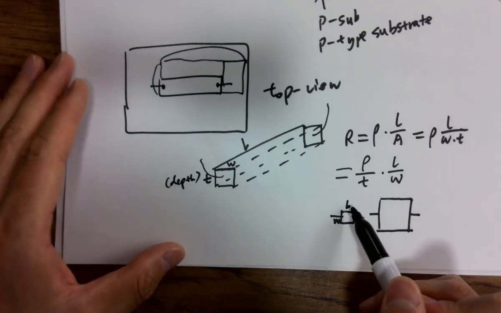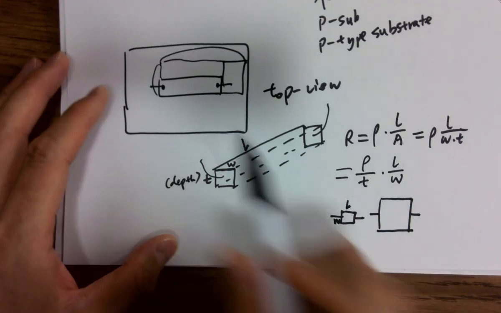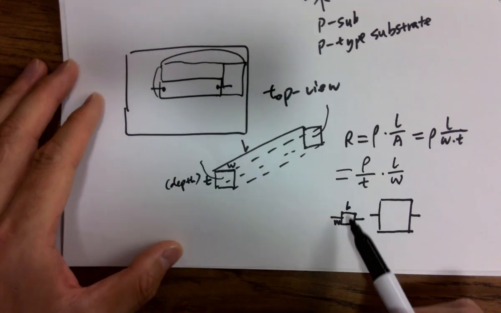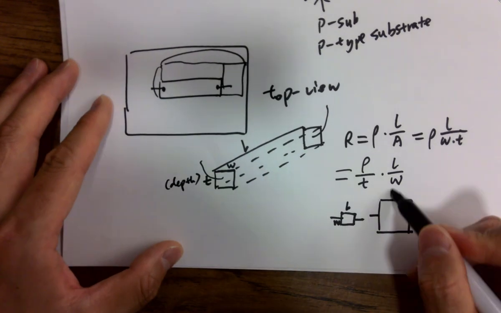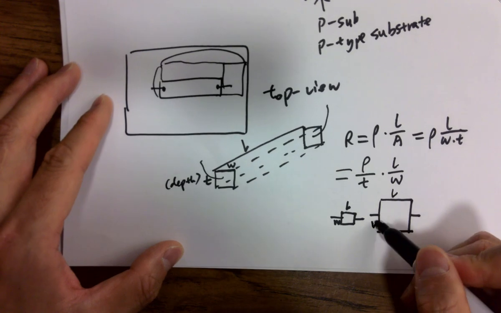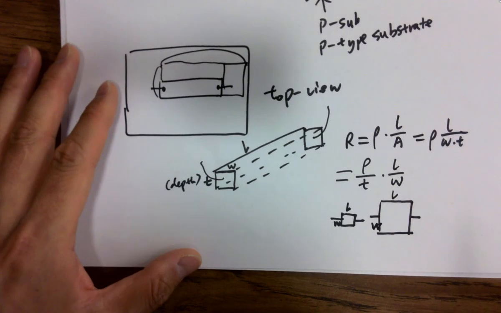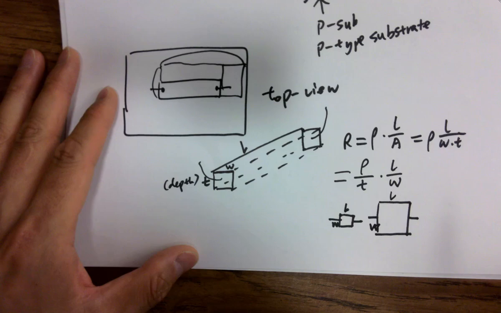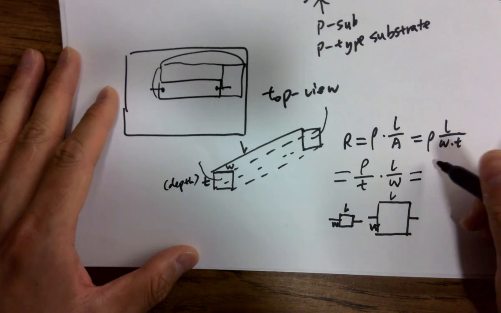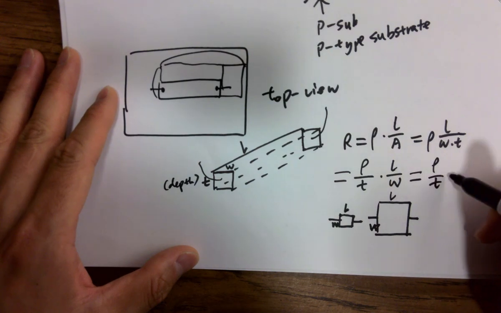Yes. So when we do the layout, we are laying out the width and length from the top. So here's the layout from the top. Length, width. Length, width, the same thing. Are we getting the same resistance? Yes. Why? It's the same ratio, not scaled up.